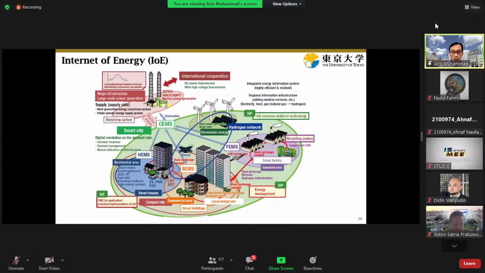So the data for power generation by renewables, or energy consumption by residences, offices, etc., are basically accessible, and then we can have predictions and better balancing capacity in our energy systems.